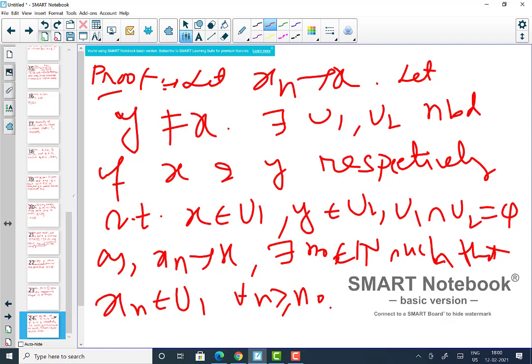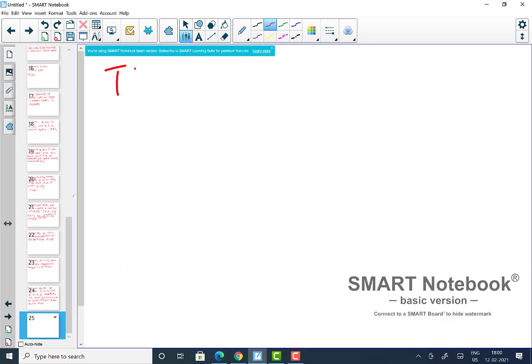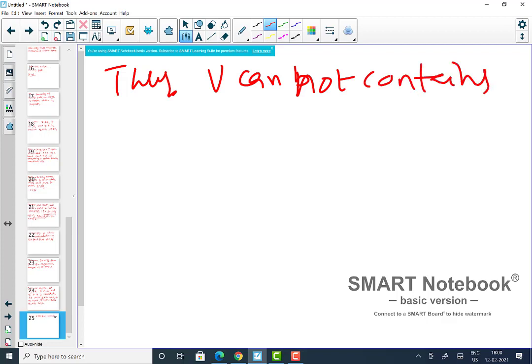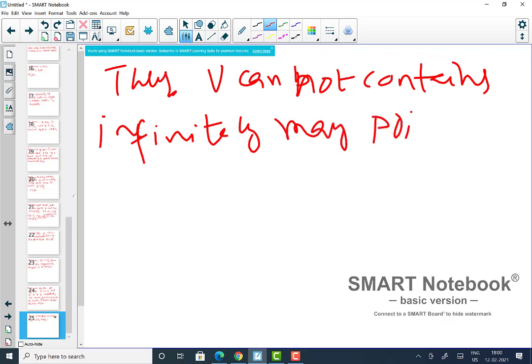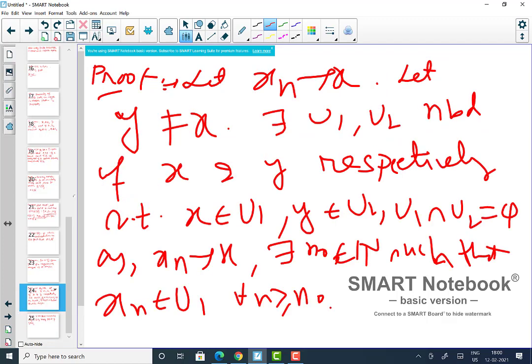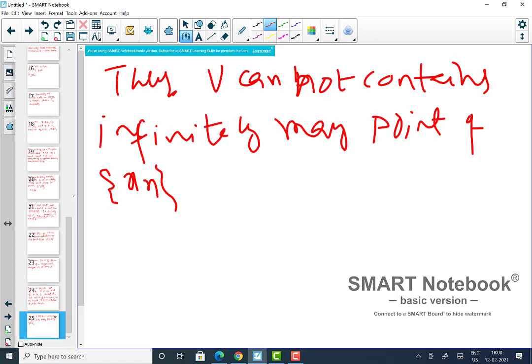Thus U2 cannot contain infinitely many points of the sequence xn, right?